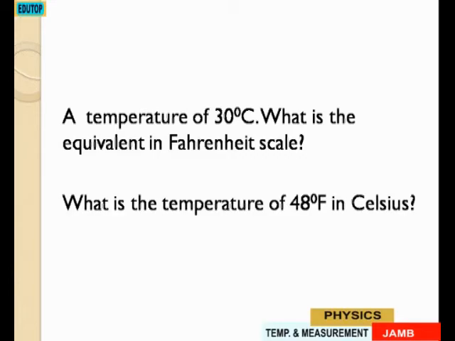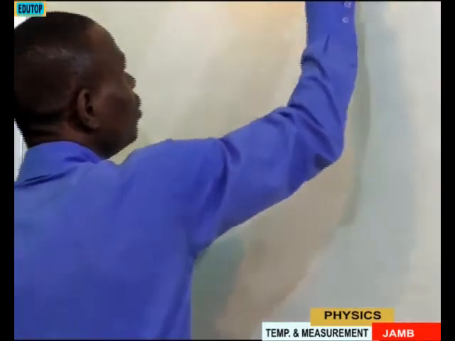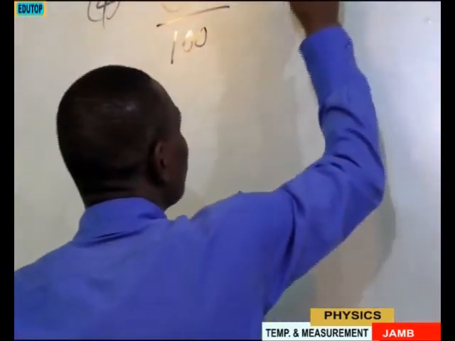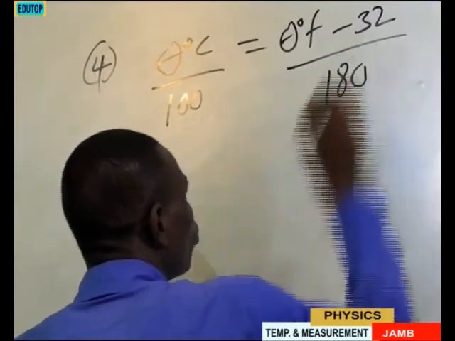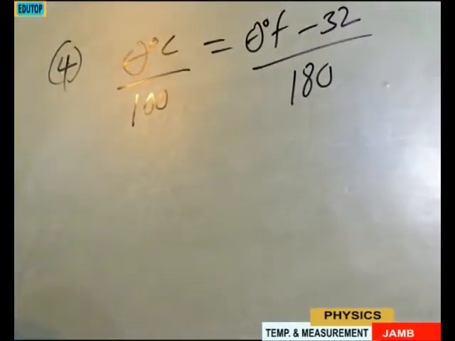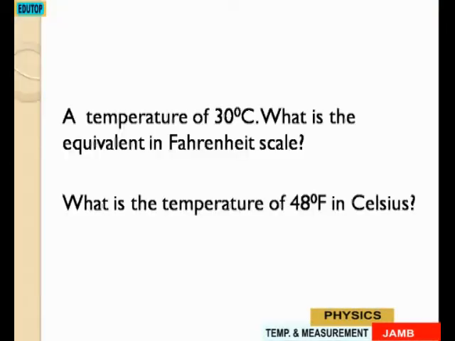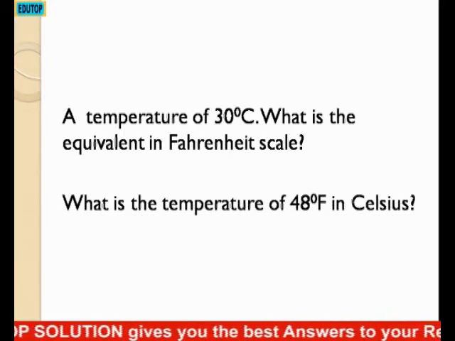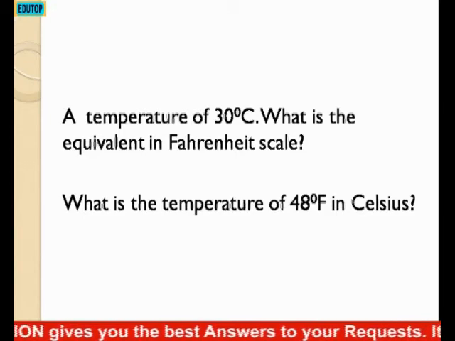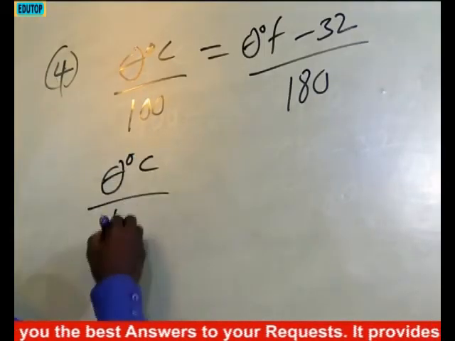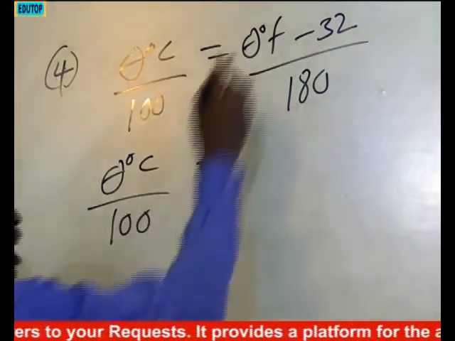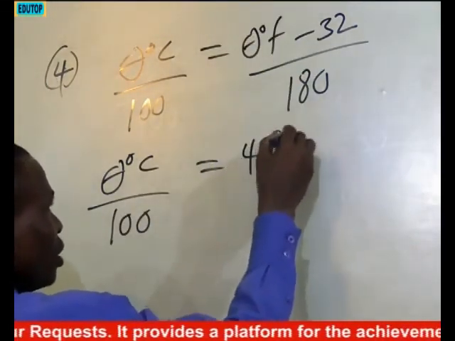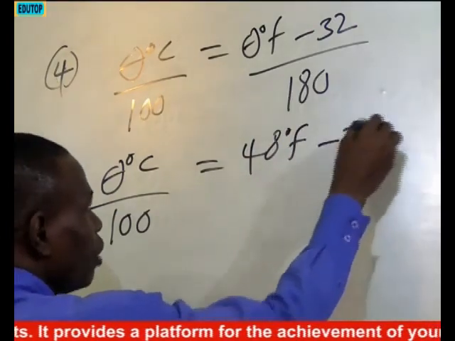This formula: Celsius divided by 100 is equal to Fahrenheit minus 32 over 180. In this case, we are given a value for degrees Fahrenheit. So 100 is equal to, a value in degrees Fahrenheit is 48. Put it there. 48 Fahrenheit minus 32.